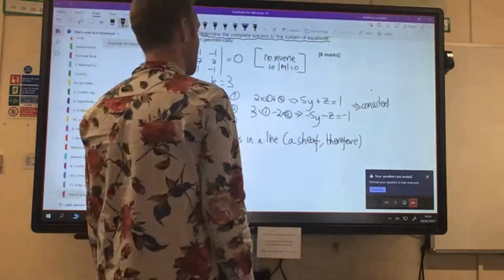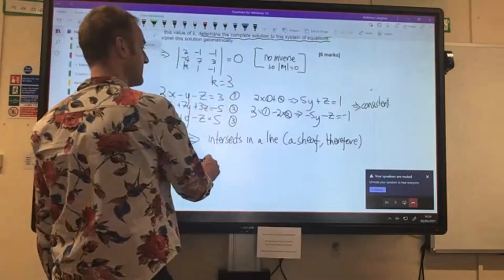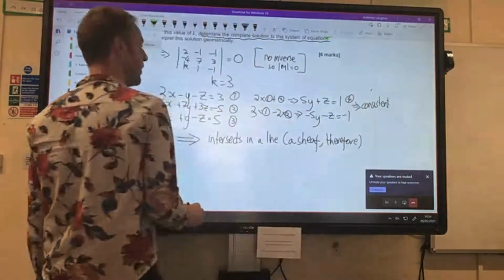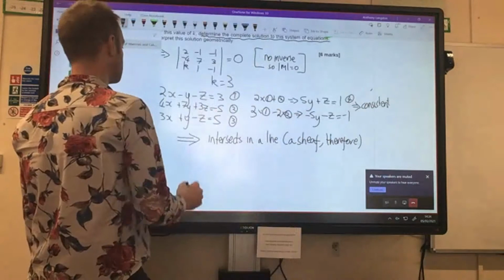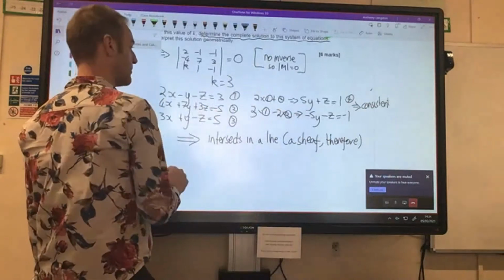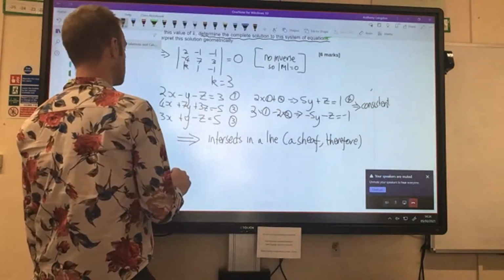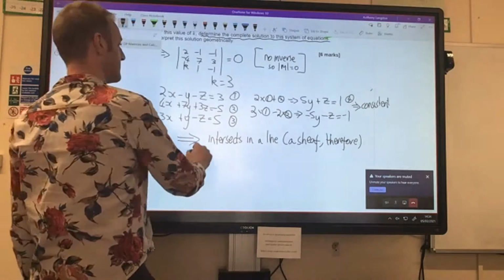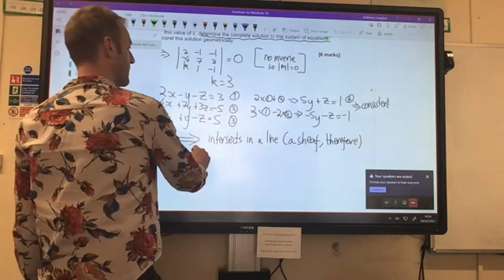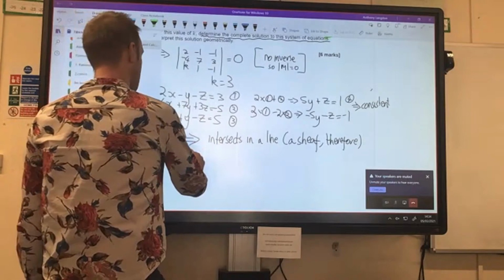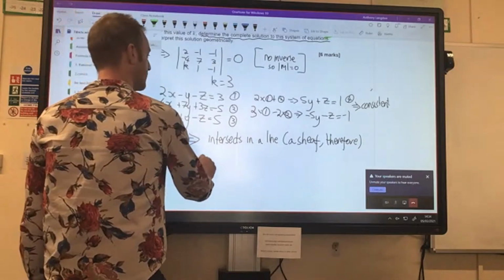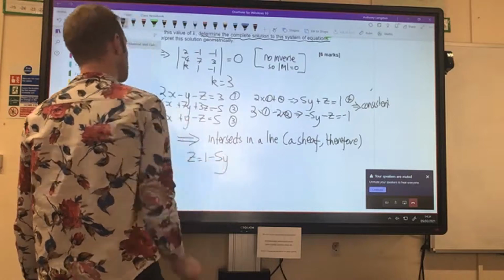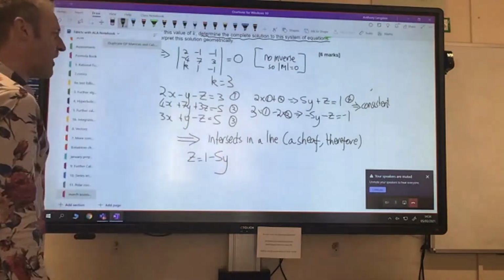So all you need to do now, let's call this equation 4. I've got 5y plus z equals 1, so I've got z equals 1 minus 5y.